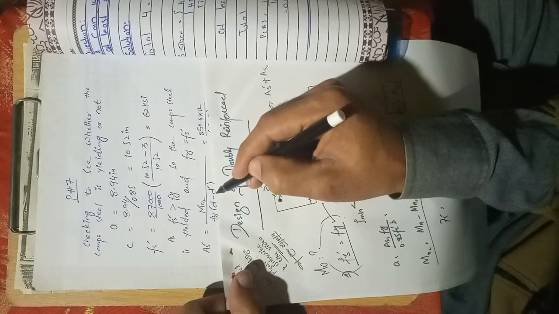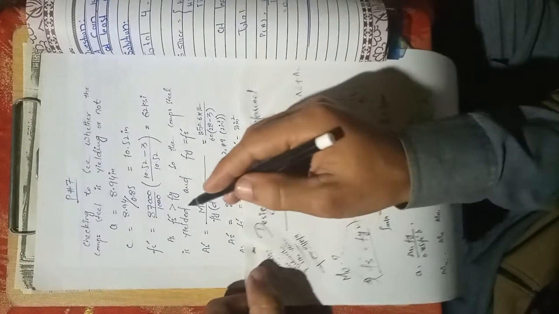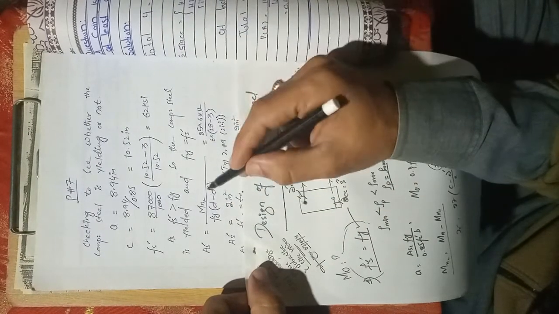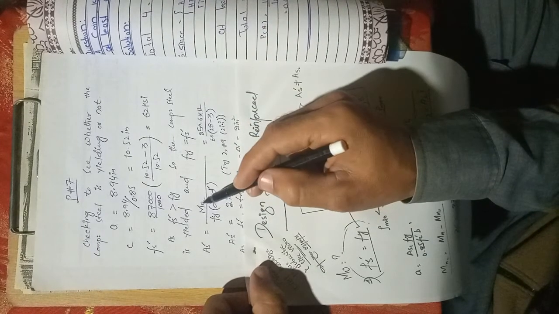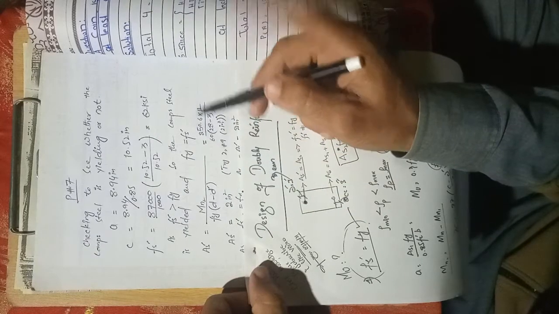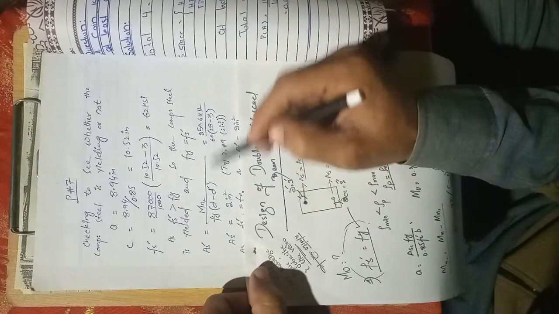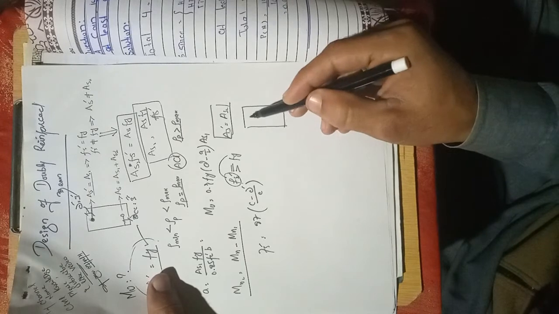Fy times (d minus d prime). Remember, we already know the value of Mn2. We already calculated it, and multiply by 12 to convert feet into inches because the moment is in kip-feet. Fy is given, and d is the total depth. Remember, we have a section in this form.